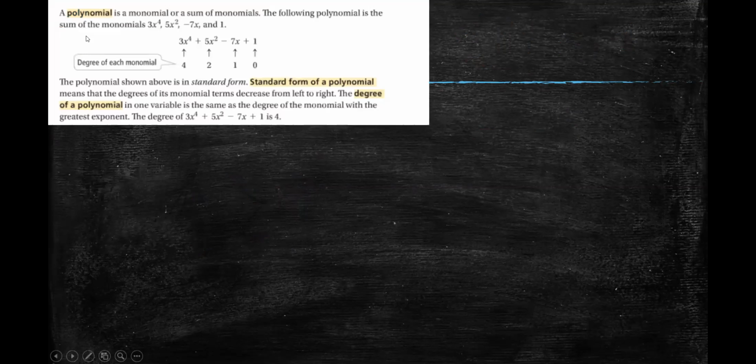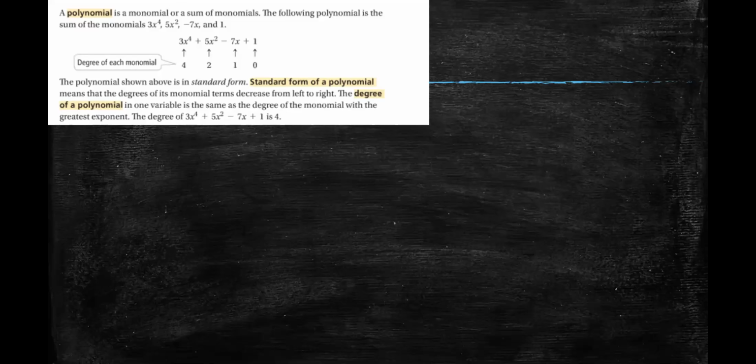Okay, so now let's talk about, we all know, we talked before about the polynomial. As we say, the polynomial is a monomial or a sum of monomials. The following polynomial is the summation of the monomials 3x to the power 4, 5x squared, negative 7x, and 1.